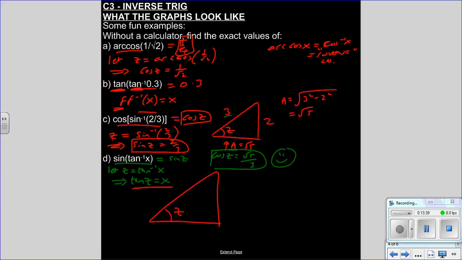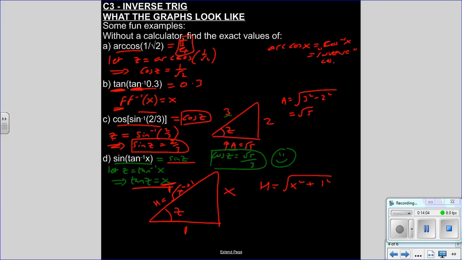Tan, remember, is opposite over adjacent. So this x is the same as x over 1, isn't it? Through Pythagoras again, you can find what the hypotenuse is. So h is the square root of x squared plus 1, or 1 squared, if you want to say that. So that's root x squared plus 1.